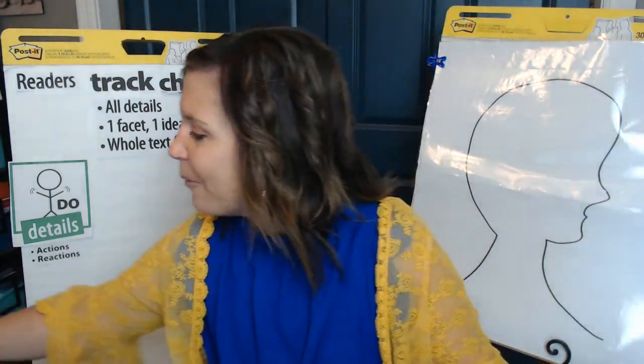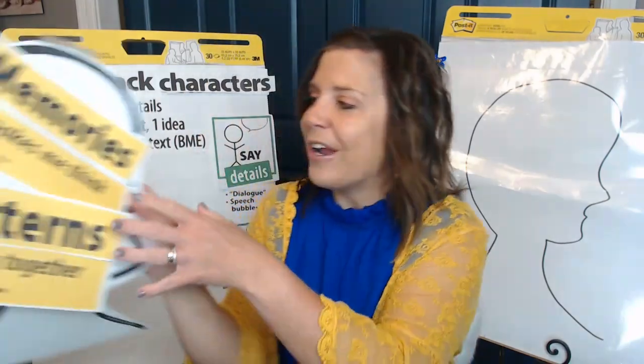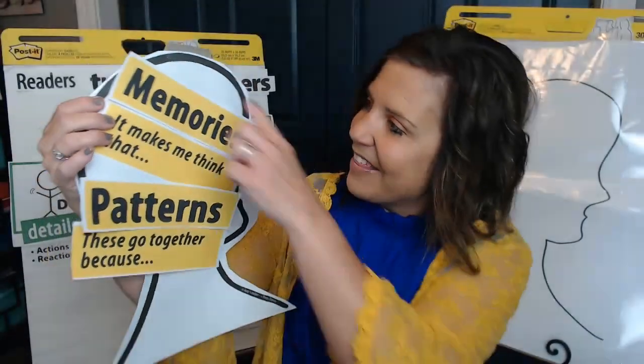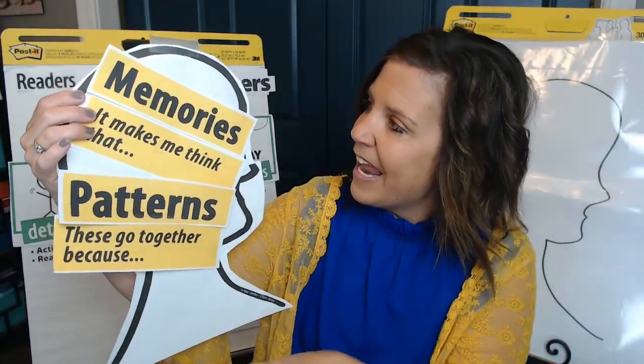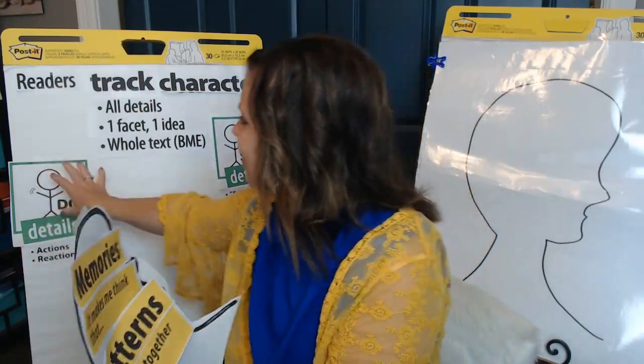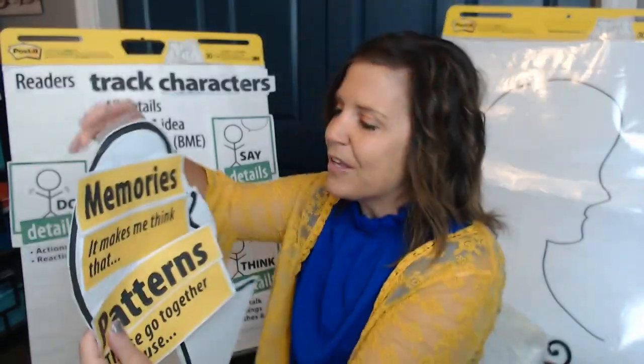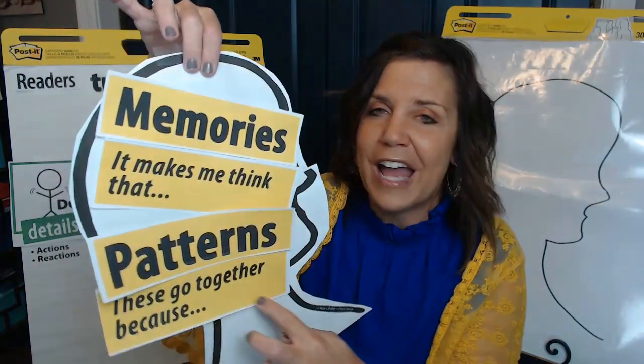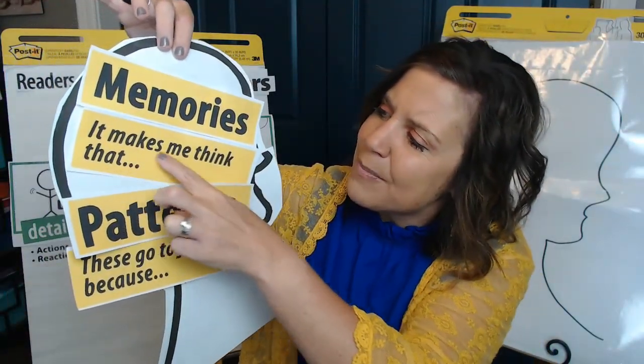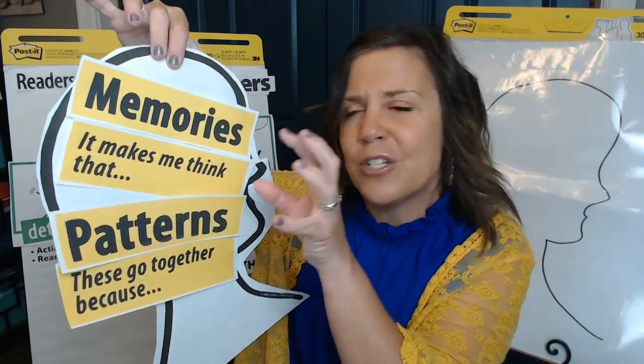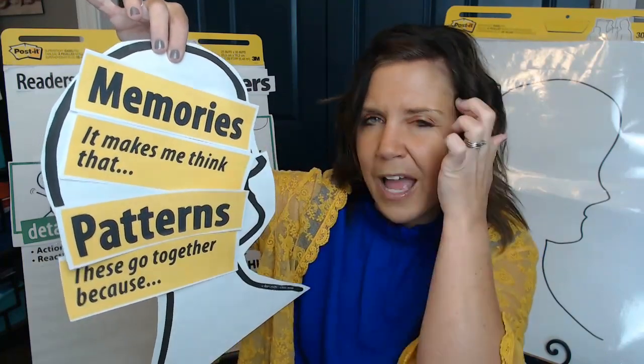Does that sound familiar? Remember when we used our inference silhouette, the shape of the head, and on the outside were those reading voice details, but then on the inside, on yellow, are those thinking voice details. It makes me think that, and we start to think about our memories that we have up in our head.